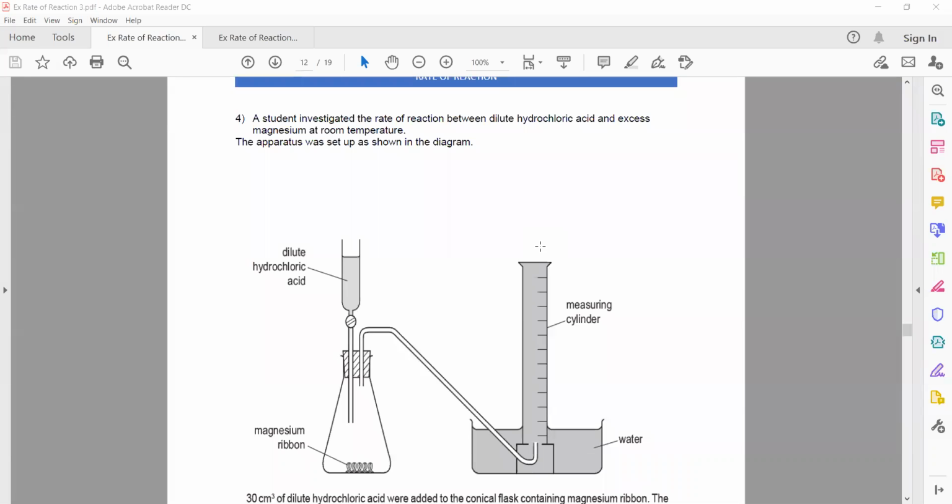Question number 4. Any doubt in question 4? 4C, G, and okay. 4B3.